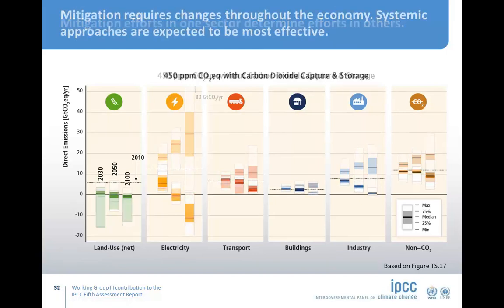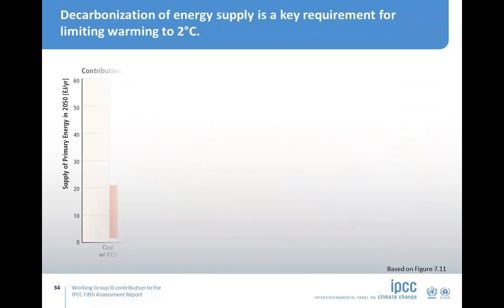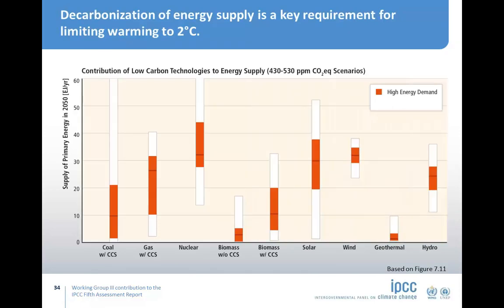So the previous slide is with carbon capture. And then without carbon capture, because we're not capturing that carbon, the situation is very different. I know there's quite a lot of complex graphs here, but you'll have to re-watch it and have a look at it yourself.